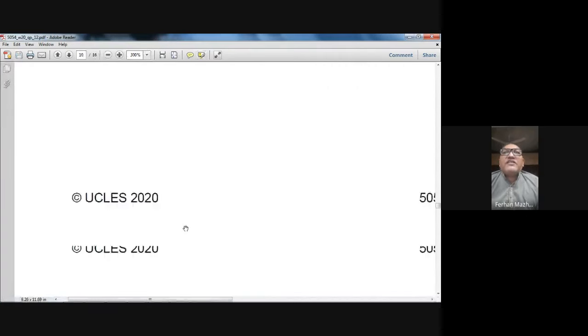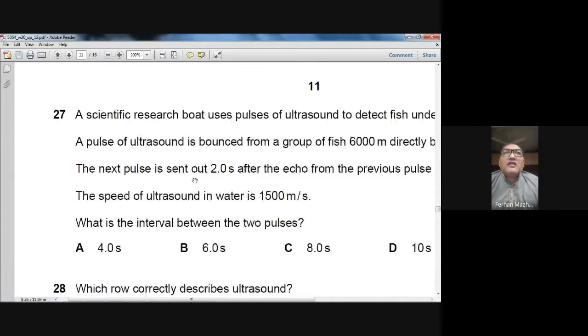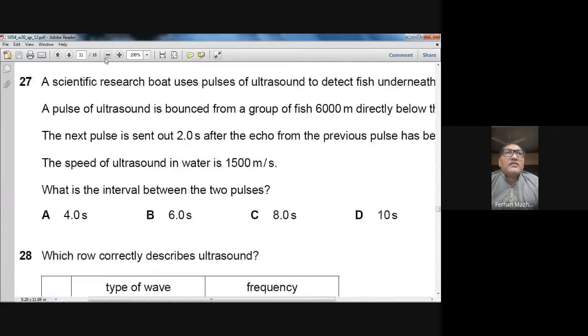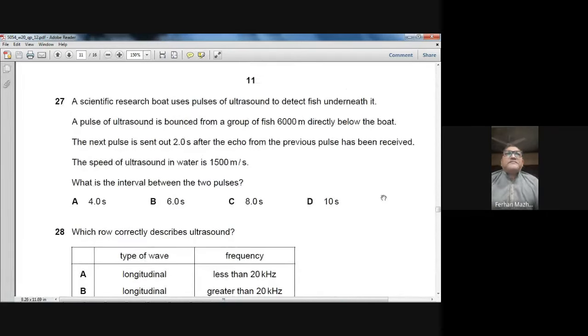Okay, so we are moving to the next question. Let me reduce the size. Further decrease. Okay. A scientific research boat uses pulses of ultrasound to detect fish underneath it.